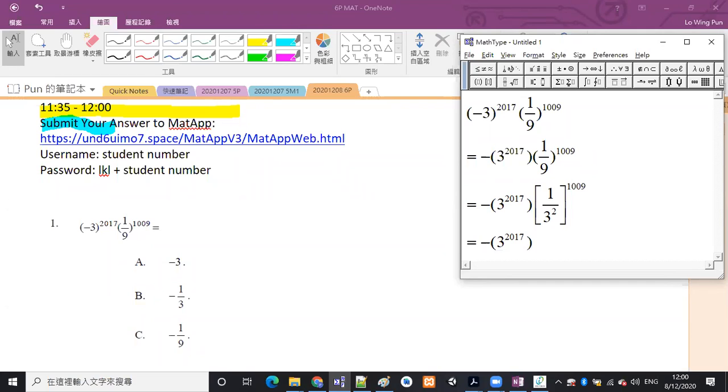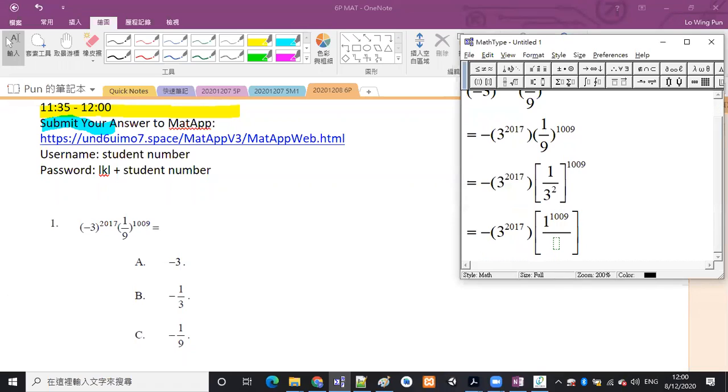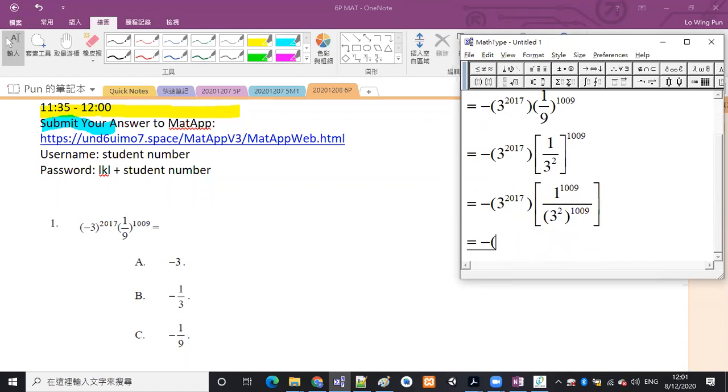So that will give you 1 to the power 1009 over 3 squared to the power 1009. Then this will be 3 to the power 2017, no change, and 1 to the power anything is just 1.